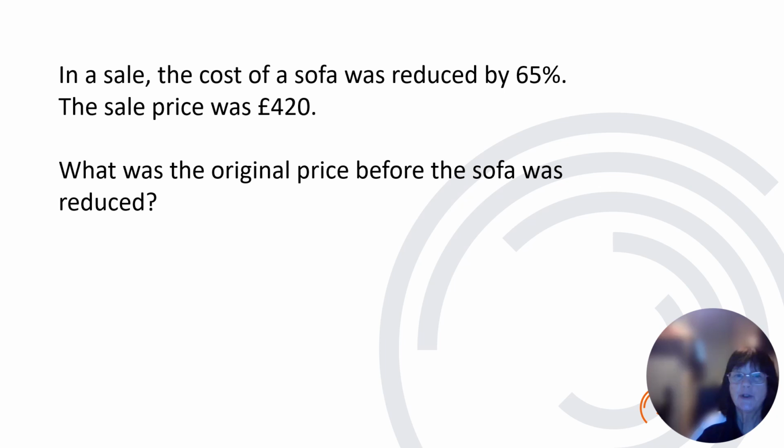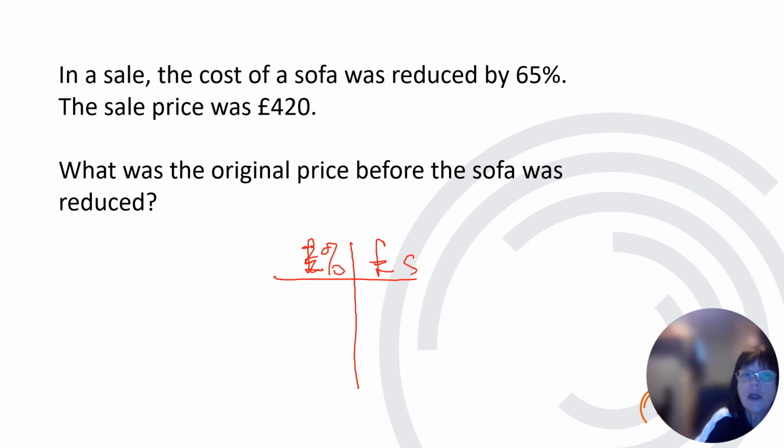Okay, let's look at this together. What do we know? I'm a great believer in what do we know. Okay, so we're going to do percentage and pounds. So what we know is reduced by 65%. So 420 is 35% of the cost, because here is my sofa.